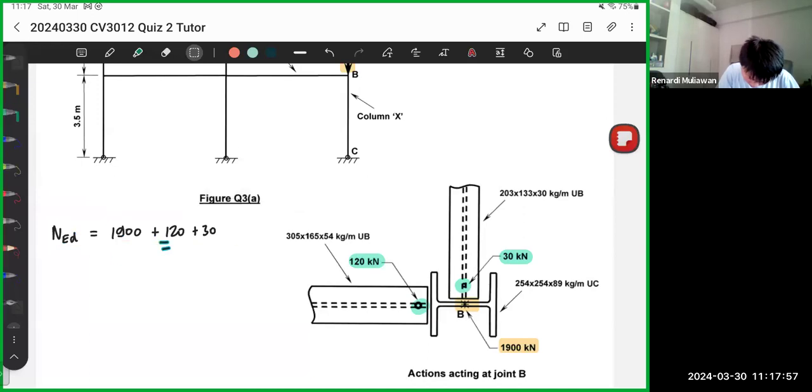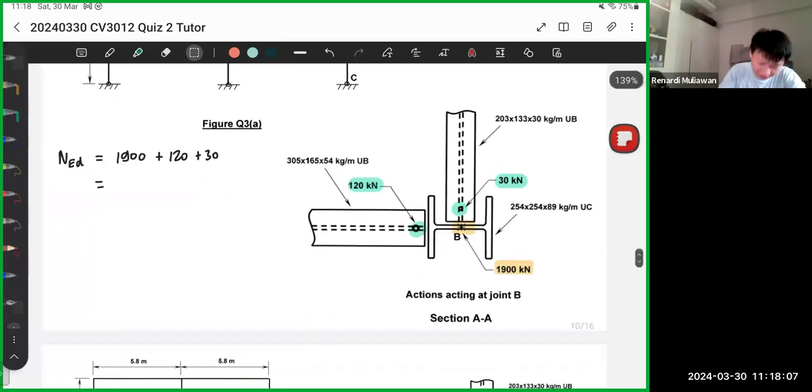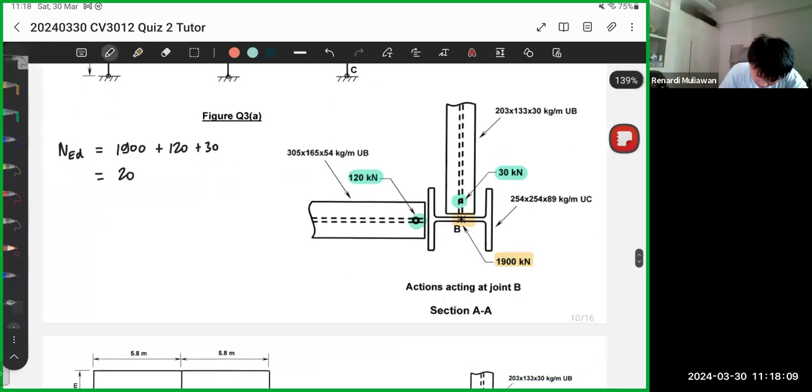Let me check my calculator: 1,900 plus 120 plus 30, yes, 2,050 kilonewtons.